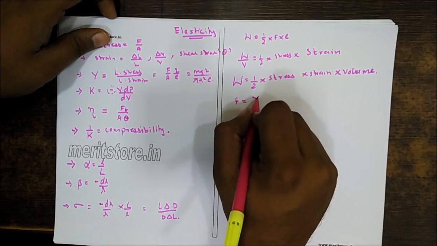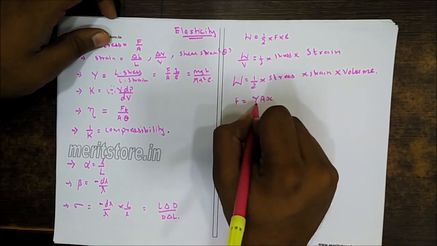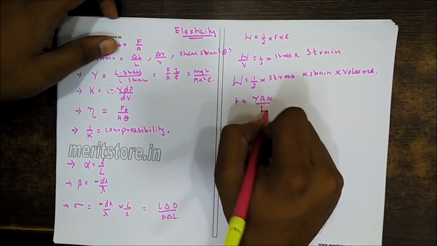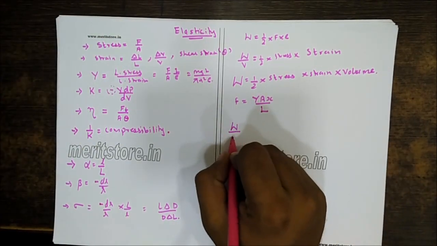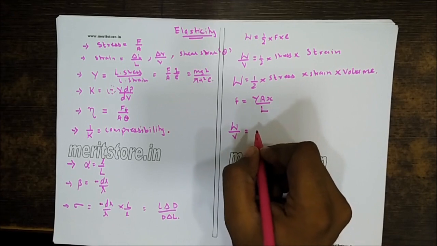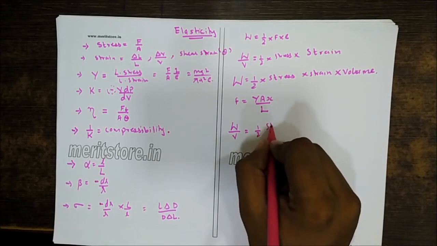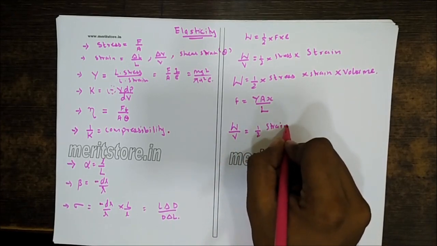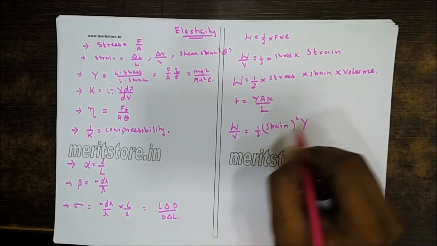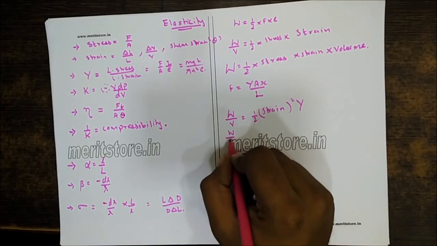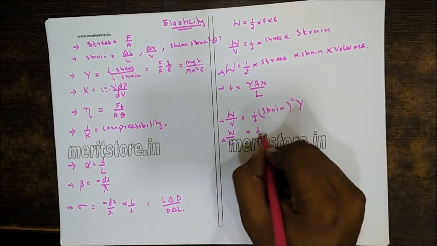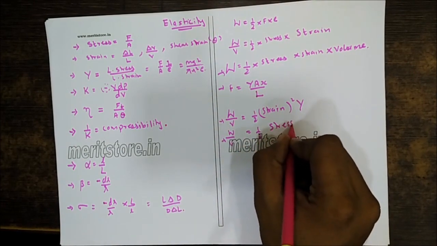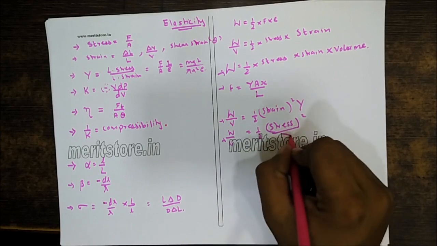Force for the distance x is YAx upon L. Work done per unit volume is also given as half Y strain square, and work done per unit volume is half stress square upon Y.